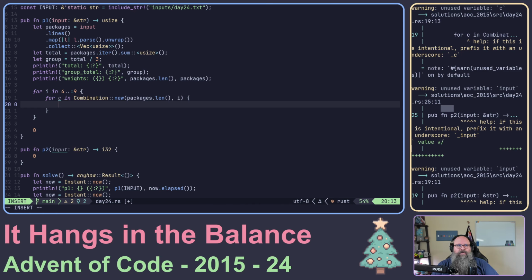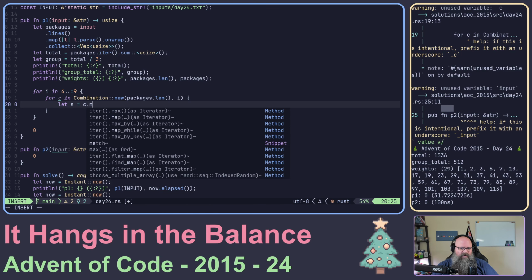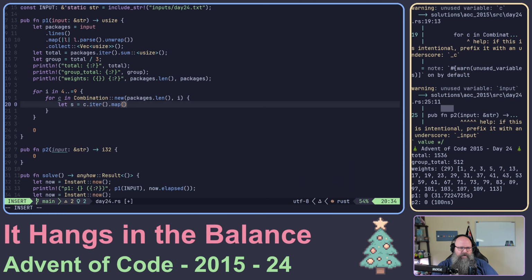Oh no. Yeah, we want to check that those combinations are equal to 512, right? So we say let s equals, we can rename all these variables and stuff. c.iter().map.